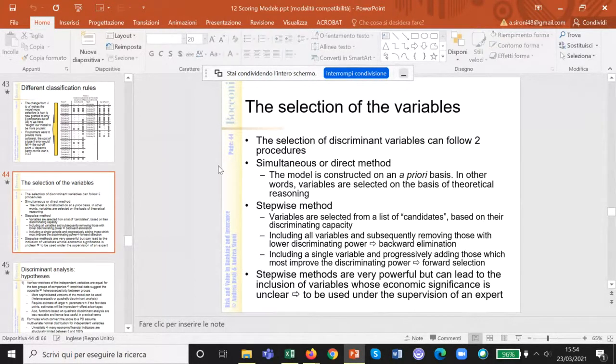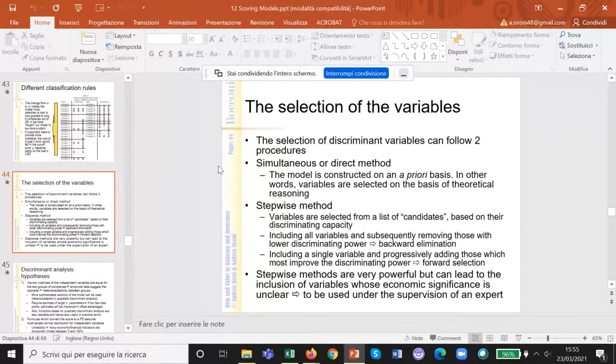Now, what about the selection of the variables? So far, we made the example only taking into account the two variables: interest expenses over turnover and overdrafts over the exposure.